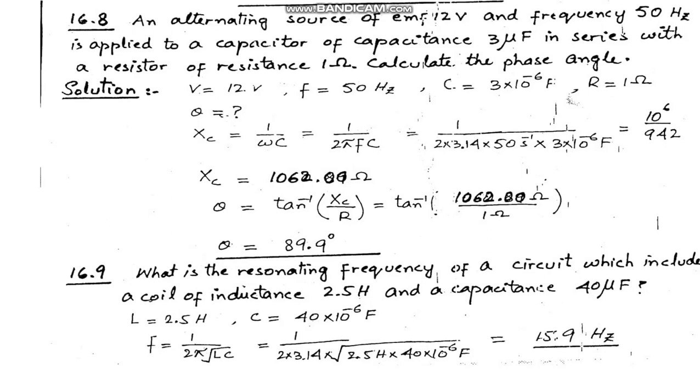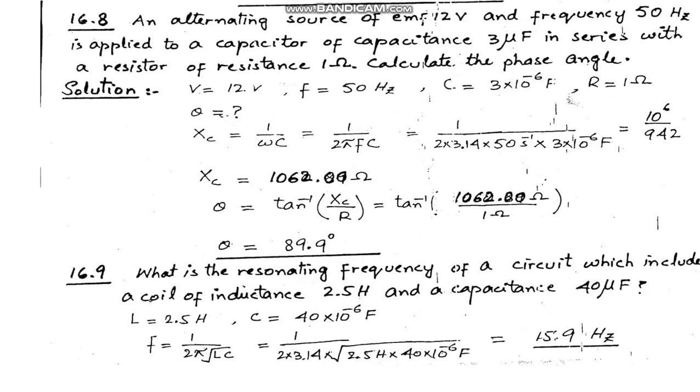Put the values from above: 2 multiply 3.14 multiply 50 multiply 3 10 to the power negative 6. After solving these values using the calculator, we get the answer Xc is equal to 1062.00 ohm.